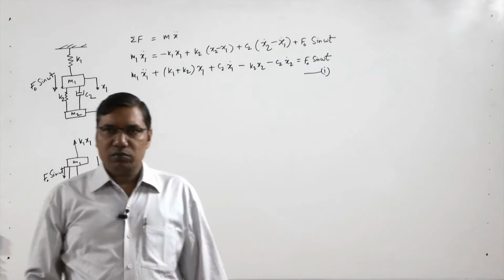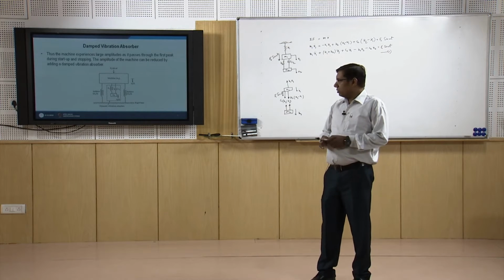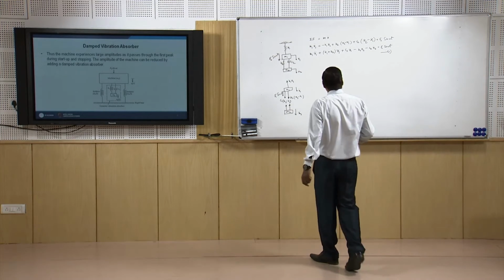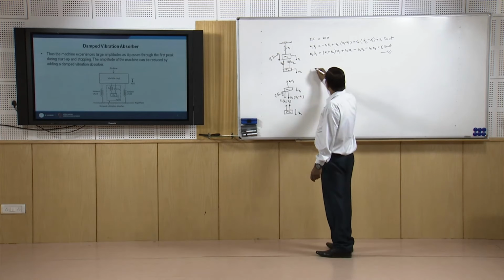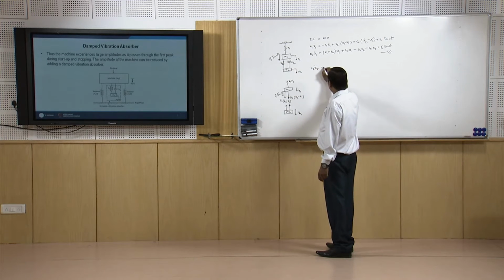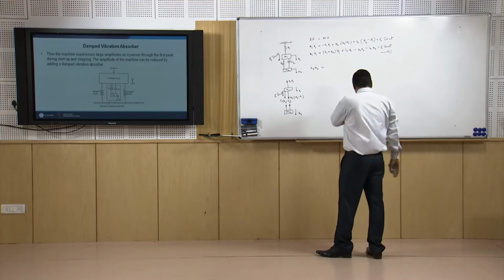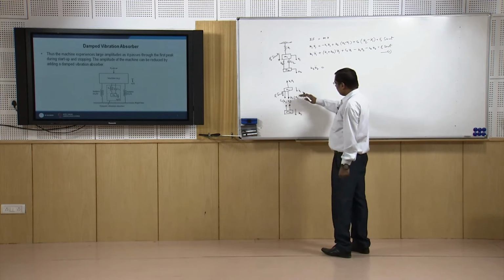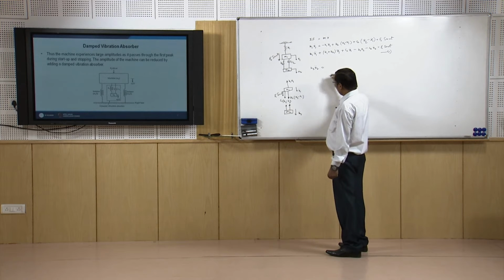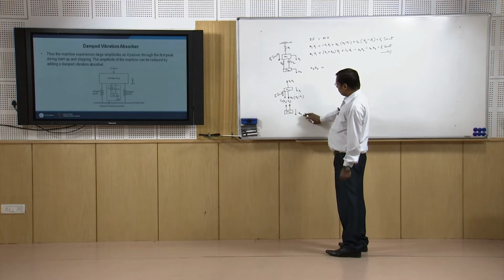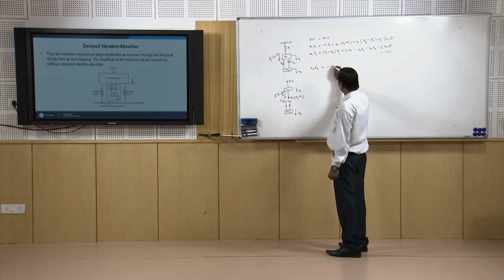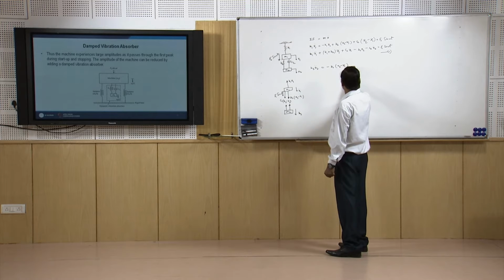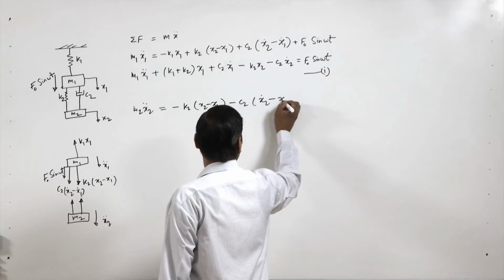So now we write for the second mass the equation of motion. So for m2 we will write m2 x2 double dot equal to the forces. They are upward, so they will be opposite to the x2 double dot, so they will be minus k2 (x2 minus x1) minus c2 (x2 dot minus x1 dot).